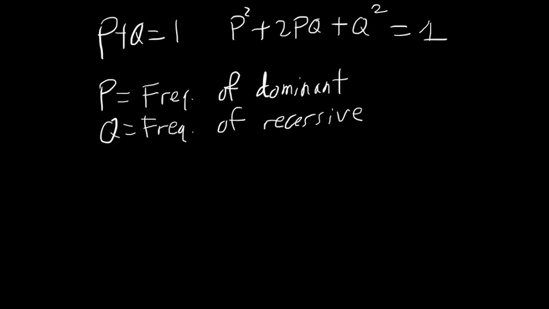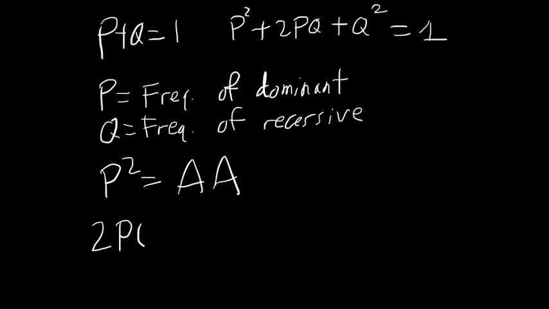For the second equation, p squared stands for the frequency of individuals with a homozygous dominant genotype. That means if our allele is represented by A, it will have two capital A's. 2pq represents the frequency of individuals with the heterozygous genotype, meaning capital A, lowercase a.